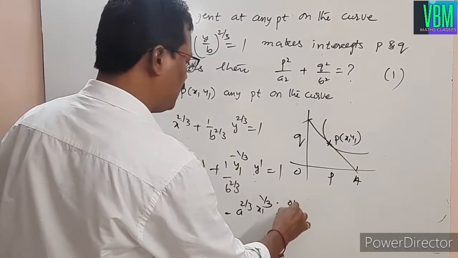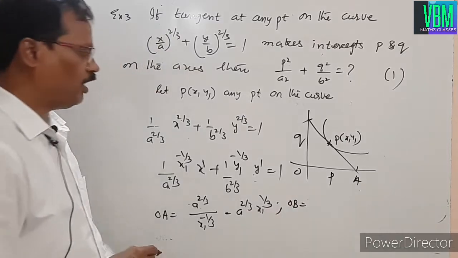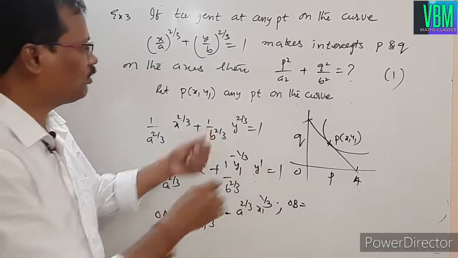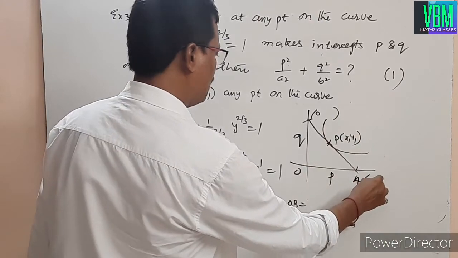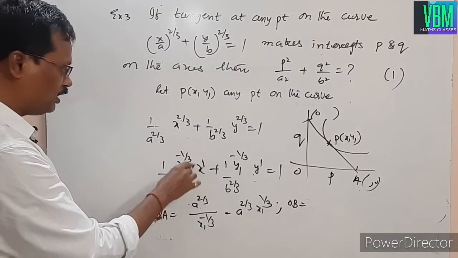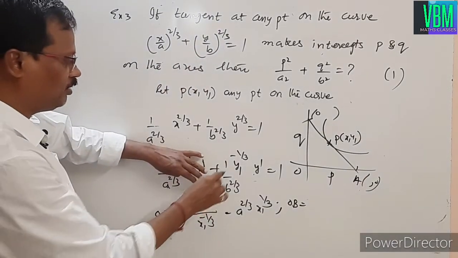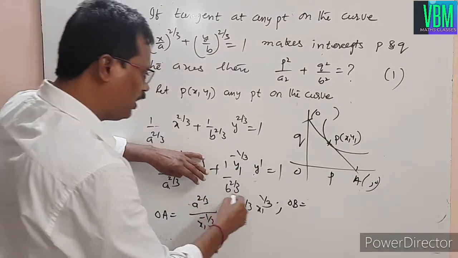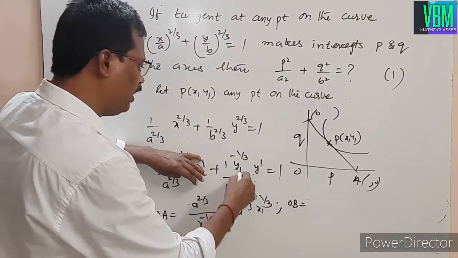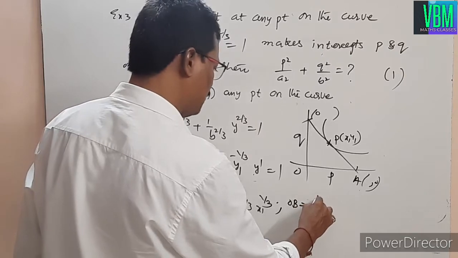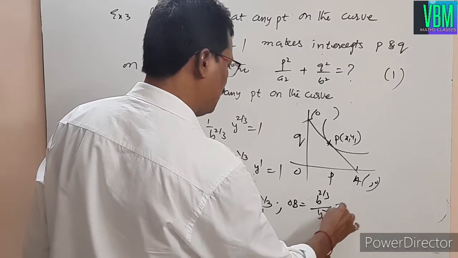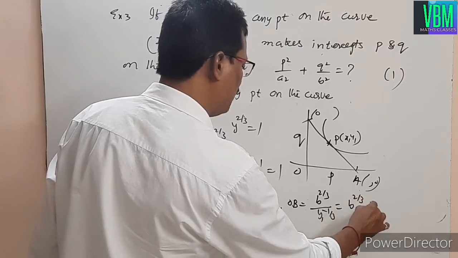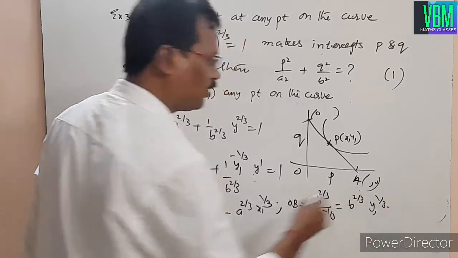Again, what is the y-intercept OB? For the y-intercept OB, keep the x-coordinate 0. Now if x is equal to 0, then this term will be 0. Then what will be y? y is equal to b power 2 by 3 by y1 power minus 1 by 3. Therefore, this will be b power 2 by 3, y1 power 1 by 3.